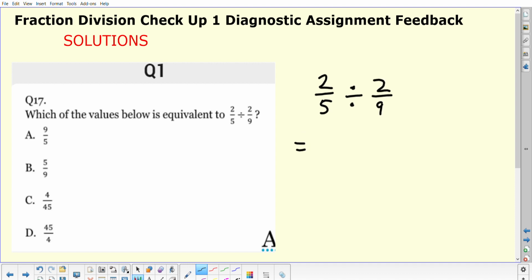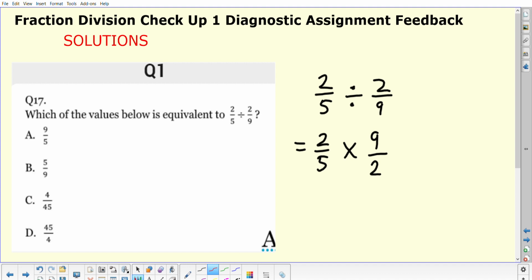Remember, your process for doing this should be: keep the first fraction, so 2/5 written down again, switch the sign from divide to times, and you flip the second fraction. Now it just becomes multiplying by fractions, and you should always be trying to simplify if possible.